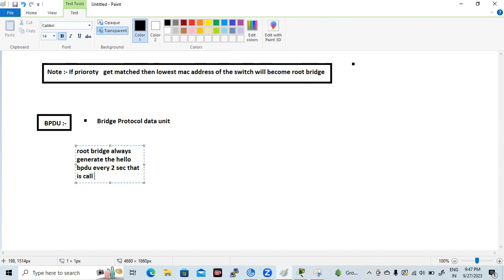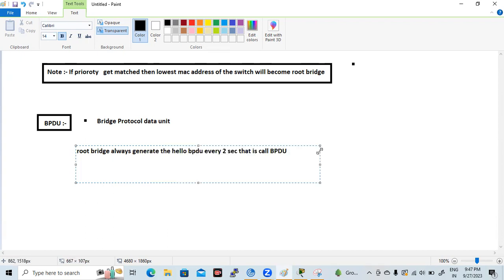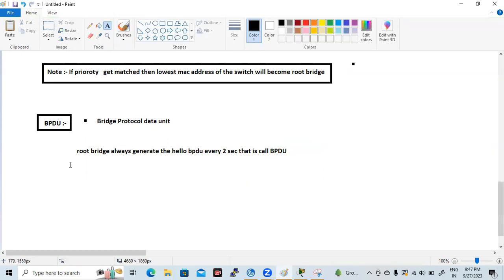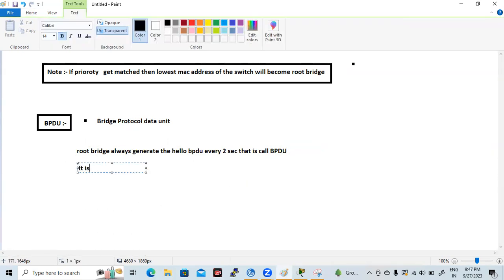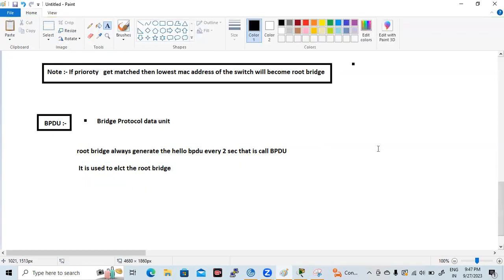That is called BPDU. It is also used to elect the root bridge.